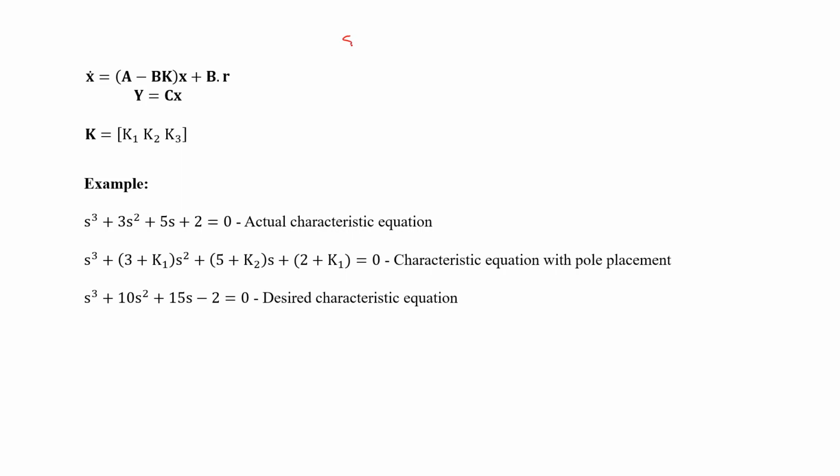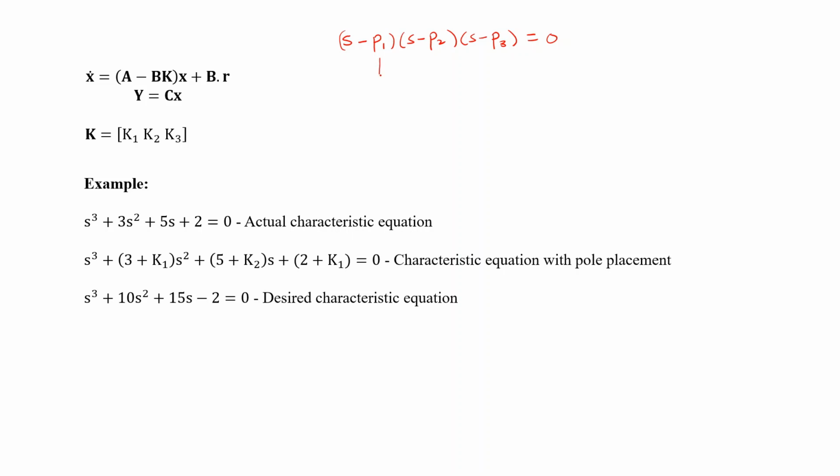Let us say we have a characteristic equation of a system (s minus p1) multiplied by (s minus p2) multiplied by (s minus p3) is equal to 0.